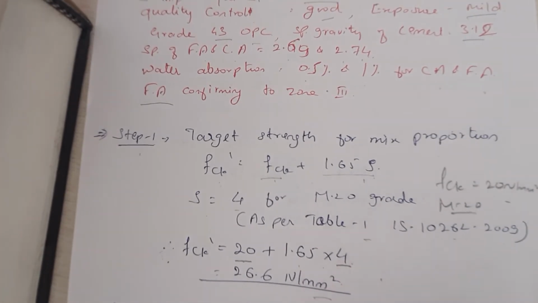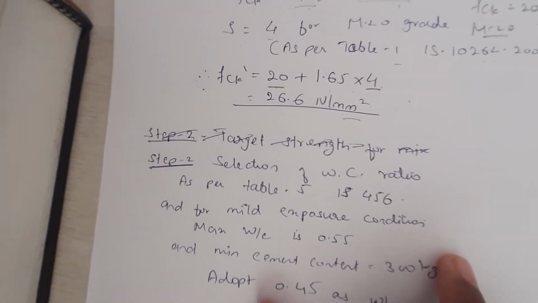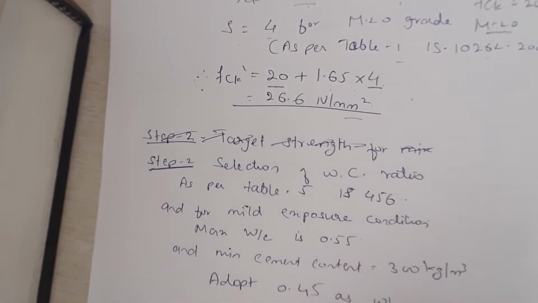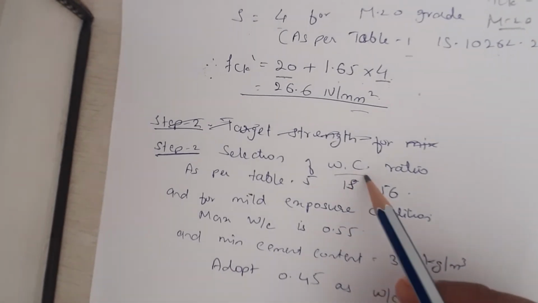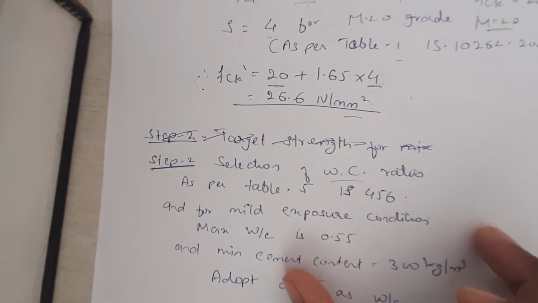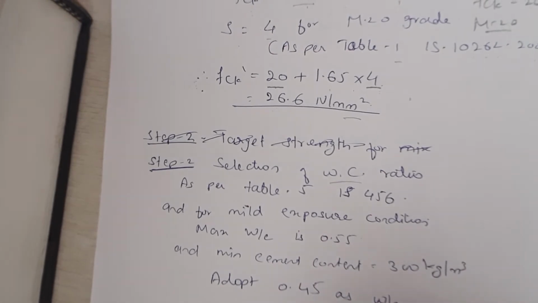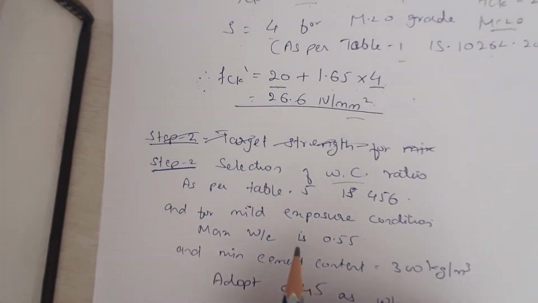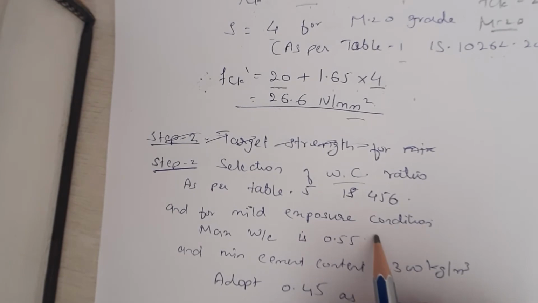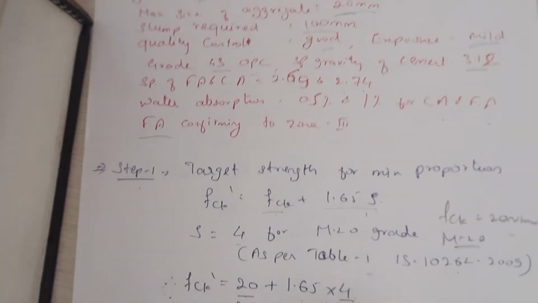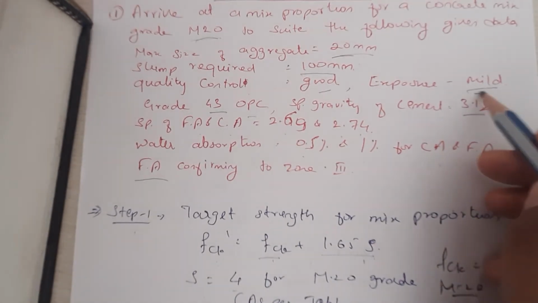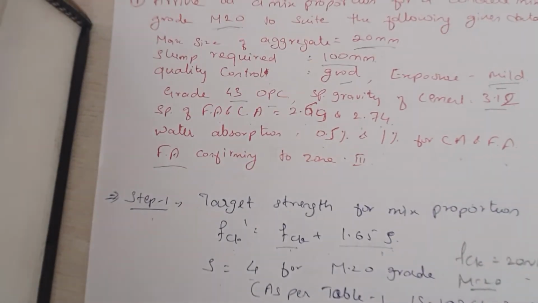After this I have to calculate the selection of the water cement ratio. There are many aspects we have to check. First we go for the exposure condition of the concrete. In this problem it is a mild exposure condition.